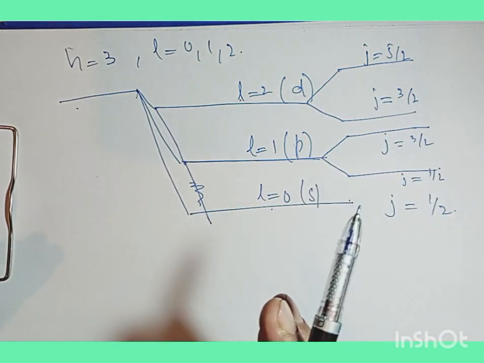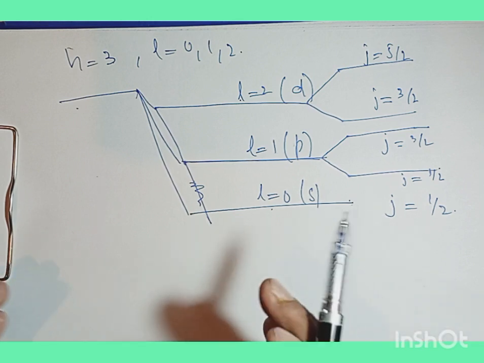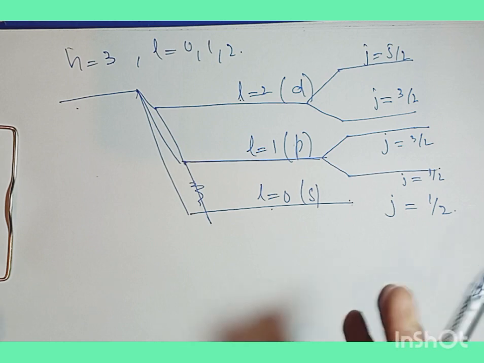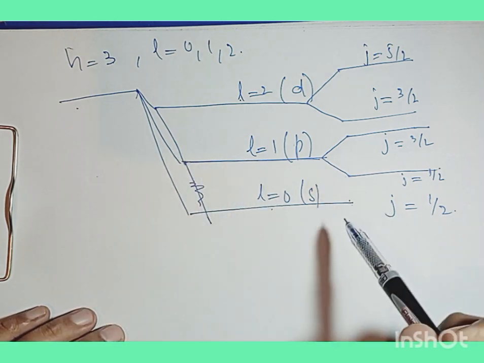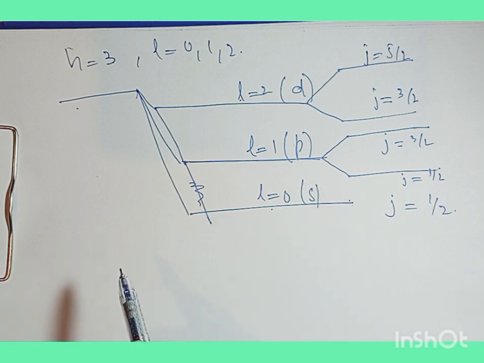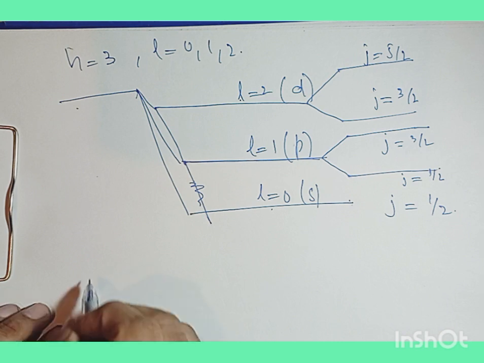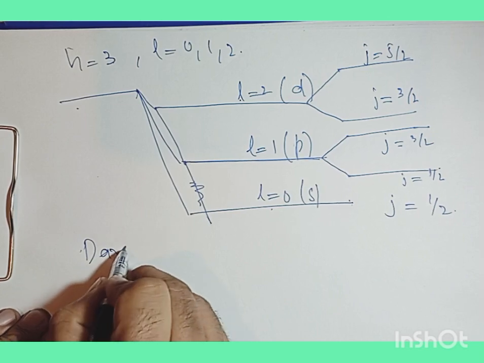But in actuality, what we find in the original experiment, when the experiment is performed, for n equal to 3, is 7 levels. Now, the next correction to be added to the original Hamiltonian comes in terms of what's called the Darwin correction.